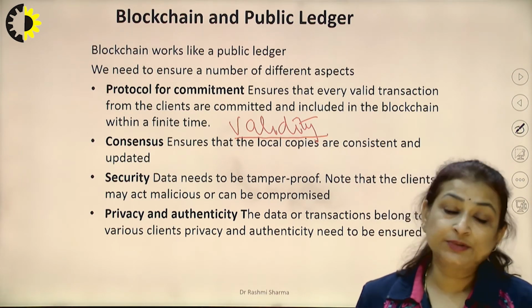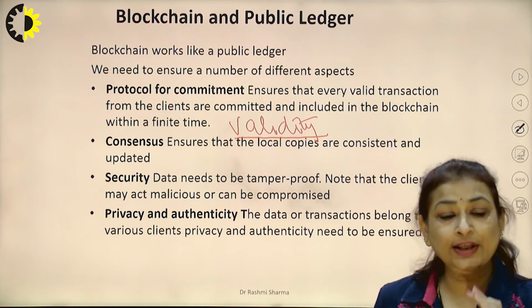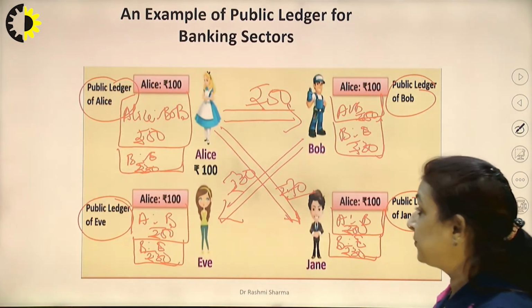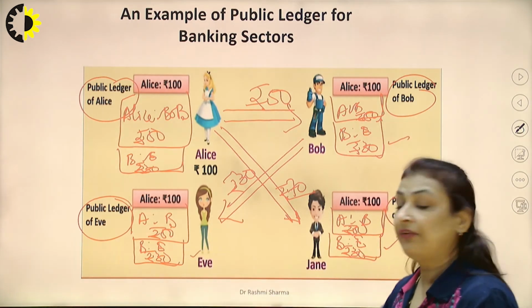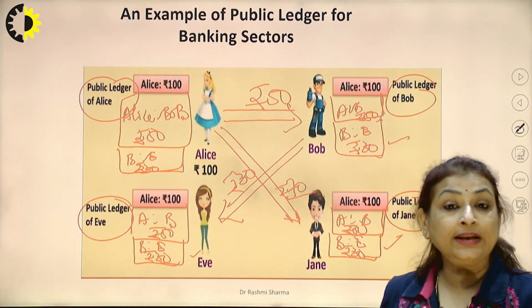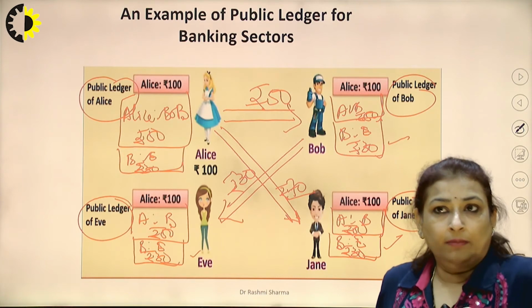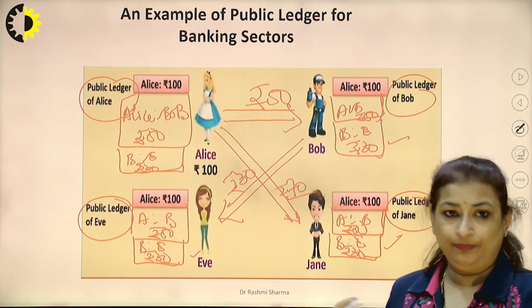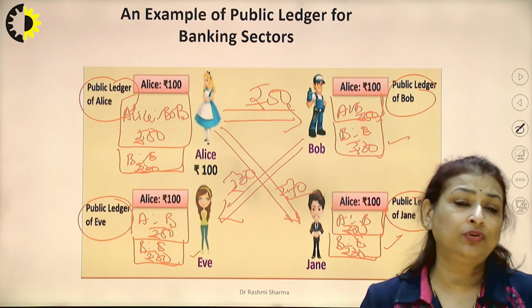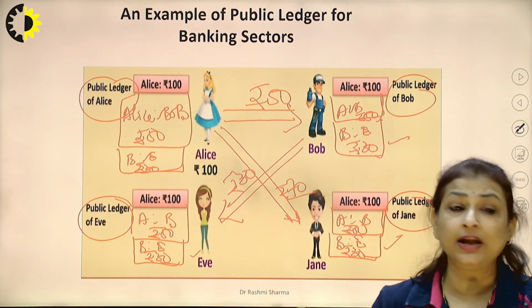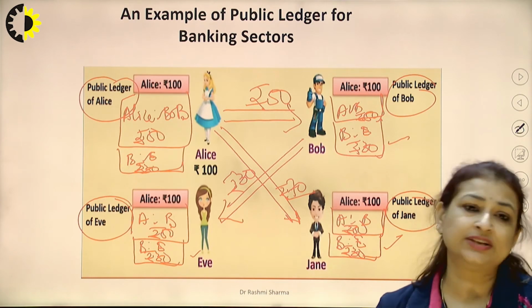The next point is consensus. When I have made these changes, at each and every point when a transaction was done, there was an agreement or understanding between the parties. If I say that Alice is sending rupees 70, anyone can raise their voice and say, no, we cannot do that because she doesn't have that money.